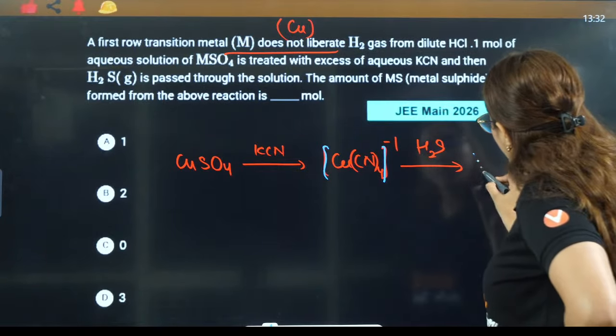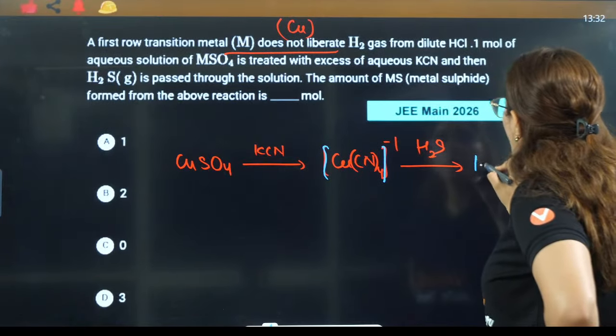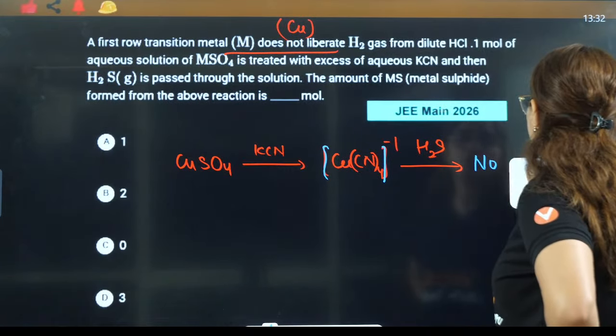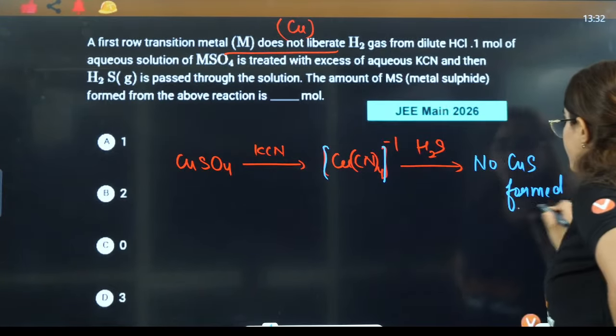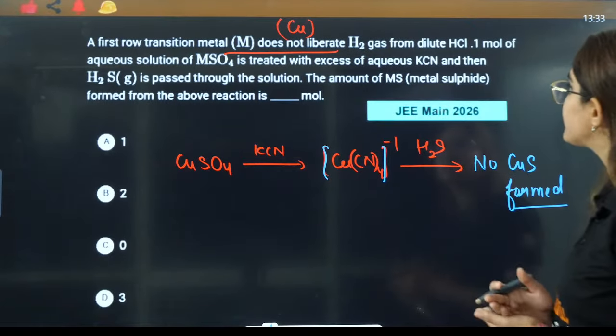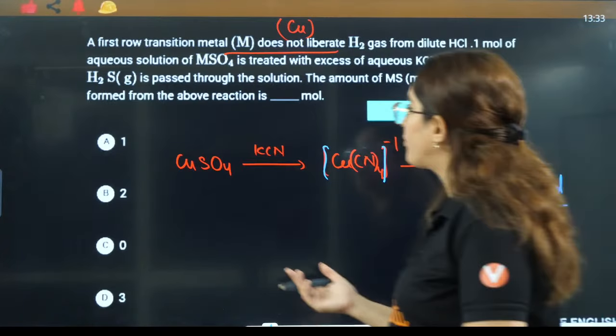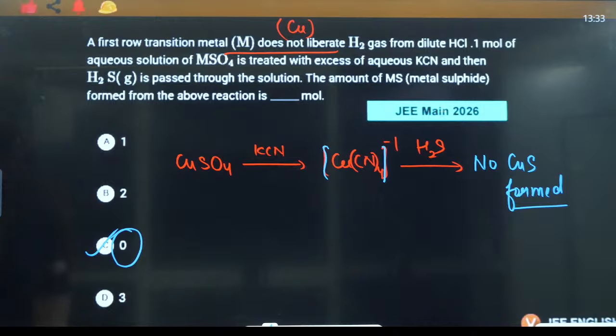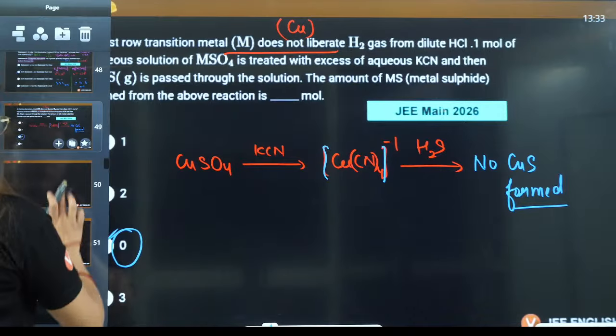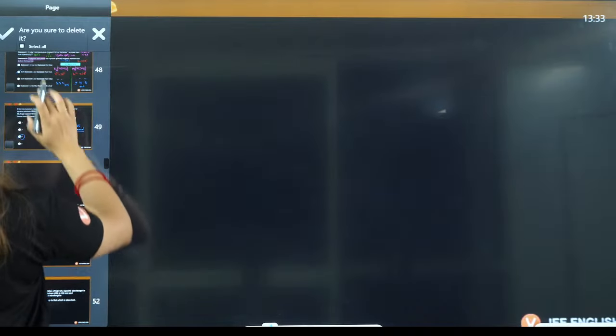So no CuS is formed. The amount of MS that is formed here is going to be 0. That was also a very different question in your 2026 January attempt paper.